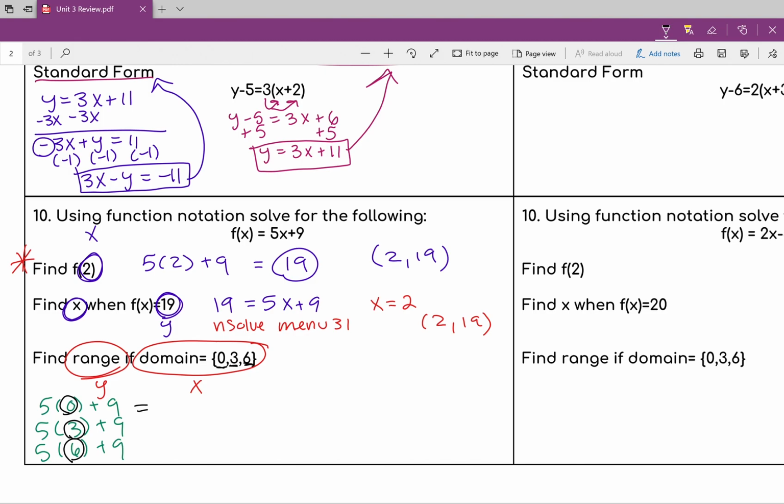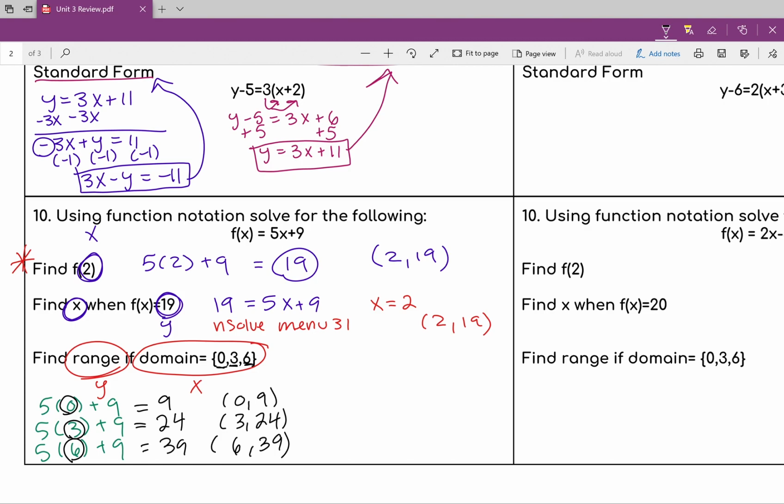Okay, 5 times 0 is 0. 0 plus 9 is 9. So this is the point (0, 9). 5 times 3 is 15. 15 plus 9 is 24. So this is the point (3, 24). 5 times 6 is 30. 30 plus 9 is 39. This is the point (6, 39).